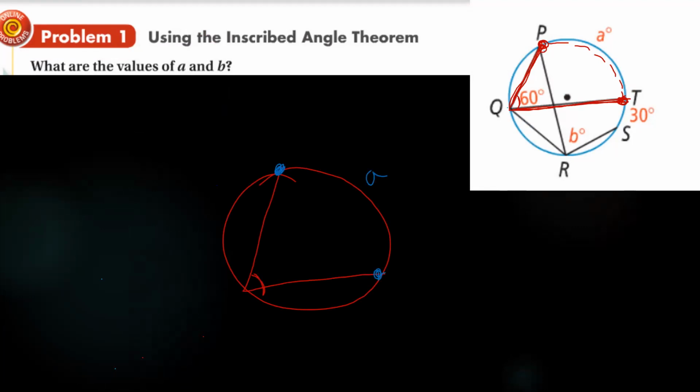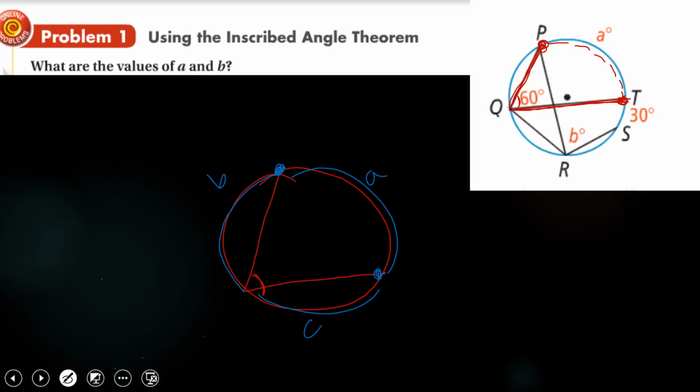If you have here arcs A, B, and C, which arc is an intercepted arc, Maya? Is it arc B, arc C, or arc A? A. A, bravo. Because the two sides of this angle are connected between the 2 points of the arc. So it will be arc A.